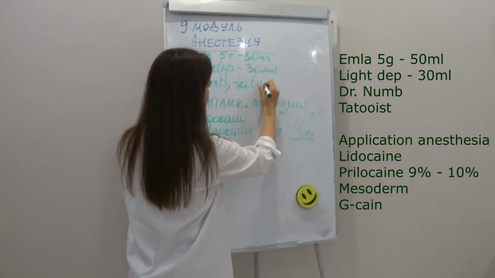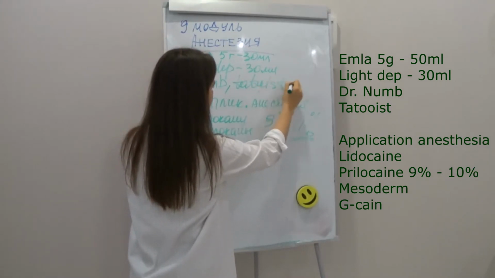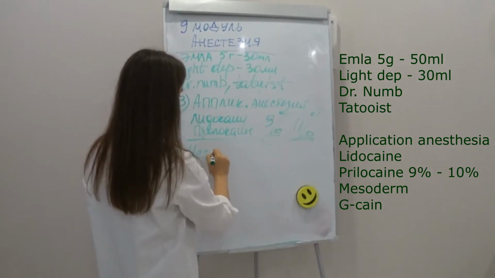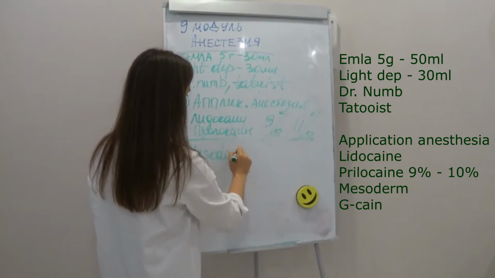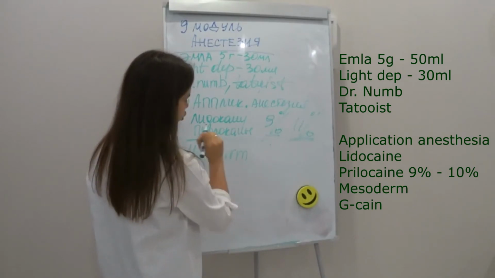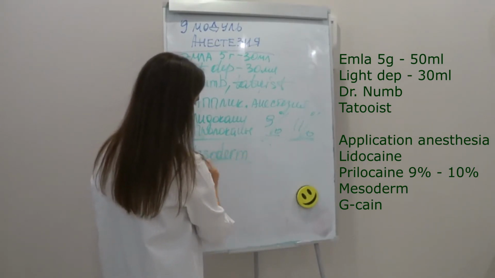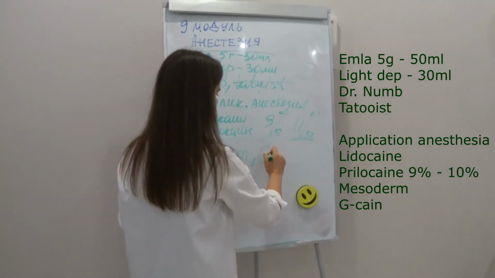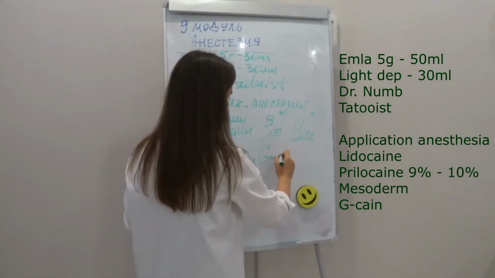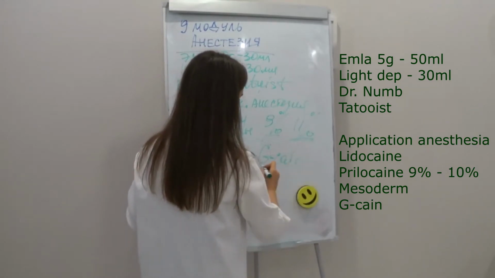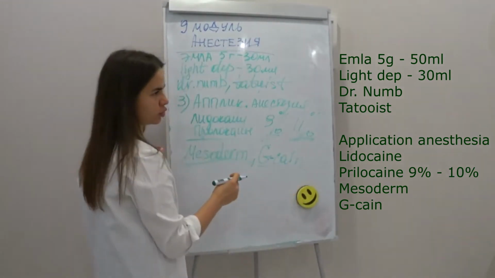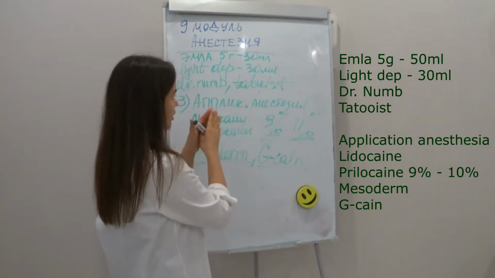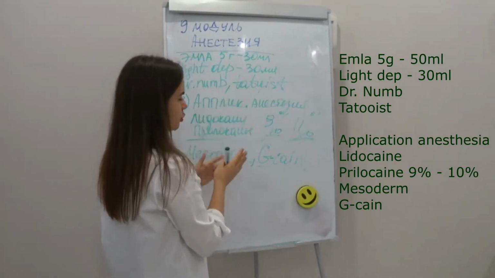Next, we have a tattoo-type cream, Mesoderm. This is my favorite cream. It works really well. Gcaine works very well too. It is sold in large bottles. There are many similar products, but these are the main ones that are sold everywhere.